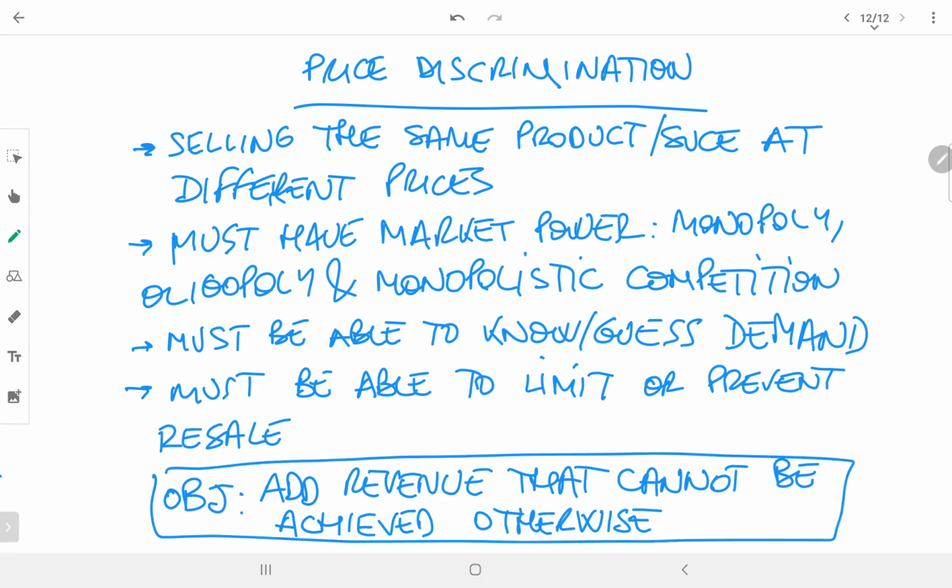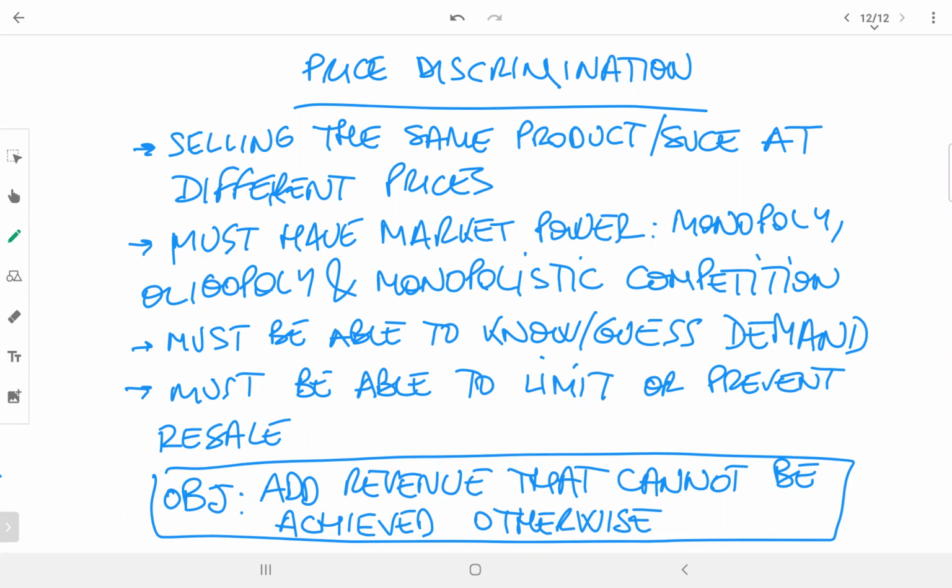So price discrimination, we're selling the same product or service, but at different prices. We must have market power, so we must be able to set our own price. Therefore, this does not apply in perfect competition. This is for monopoly, oligopoly, and monopolistic competition. We must be able to know or guess the demand, and we must be able to limit or prevent resale.